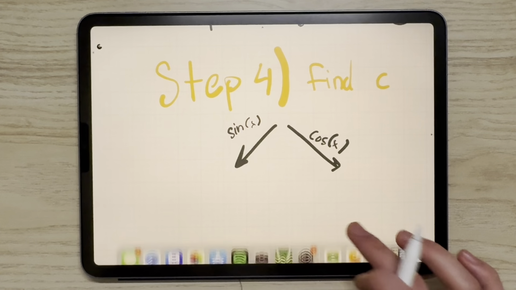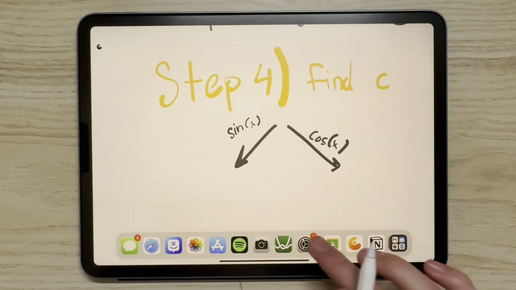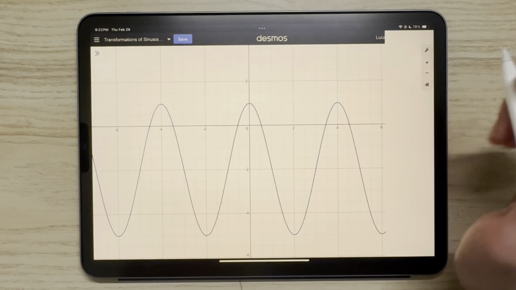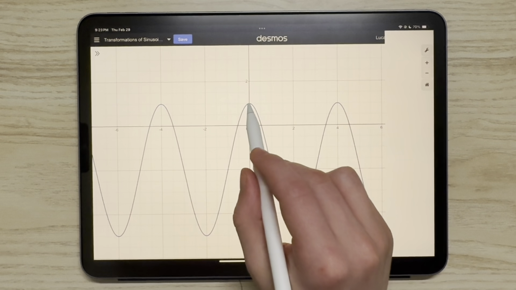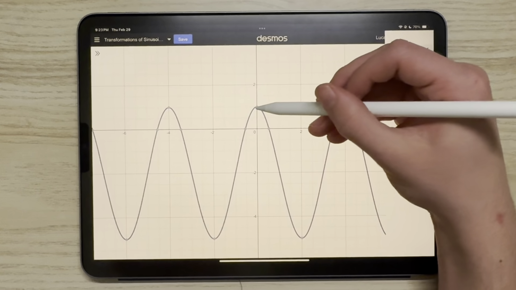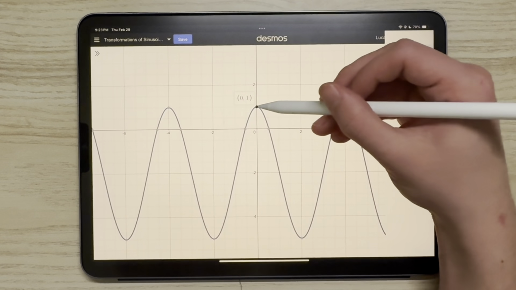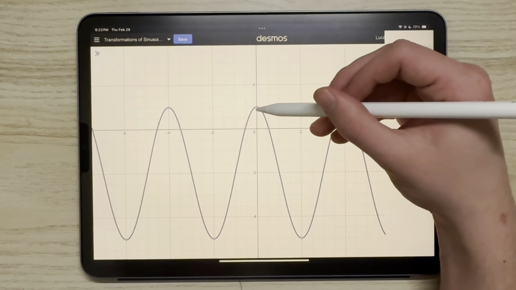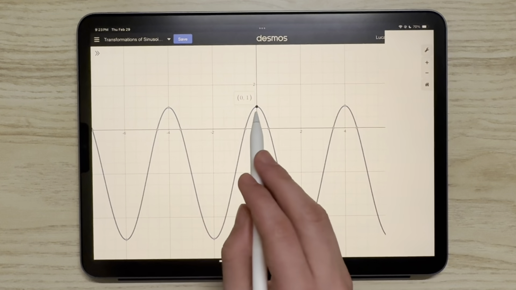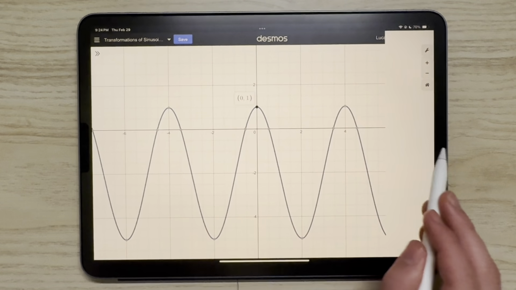Let's try to do cosine first. If this is cosine, it's going to have no shift because the maximum is centered at the middle. And the regular cosine function has the maximum centered at the middle.